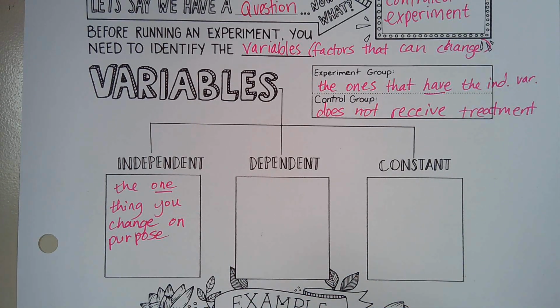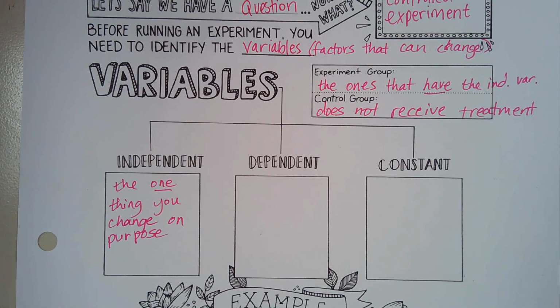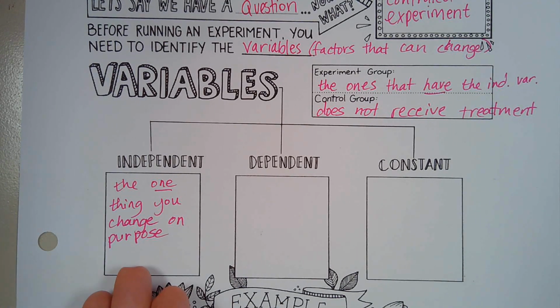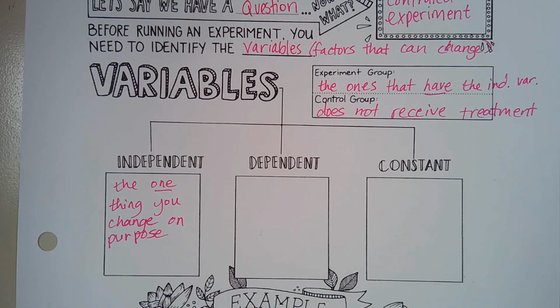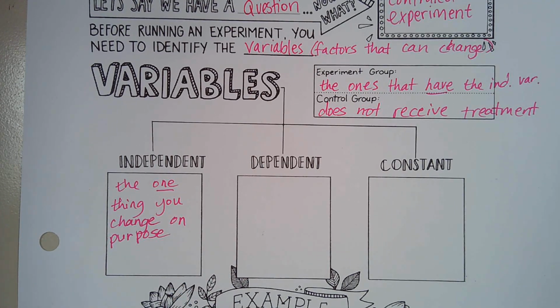So if you are doing an experiment like our example the other day with OxyClean or baking soda and vinegar to get out a stain, the thing that you're changing, so one stain is going to get the OxyClean and the other one is getting the baking soda and vinegar. And so the one thing you're changing on purpose is the stuff you're using to clean the stain. So that would be the independent variable in that experiment.